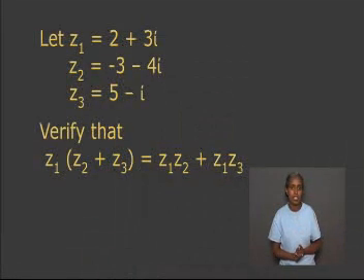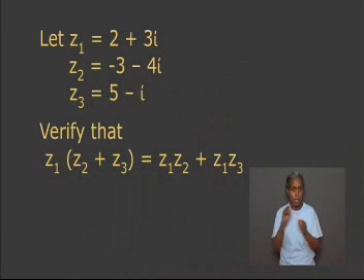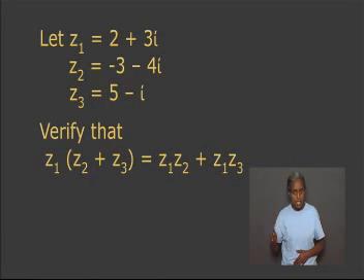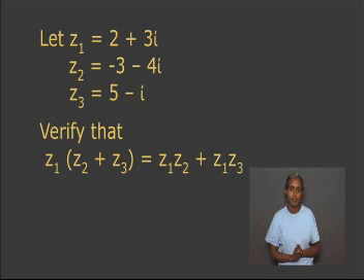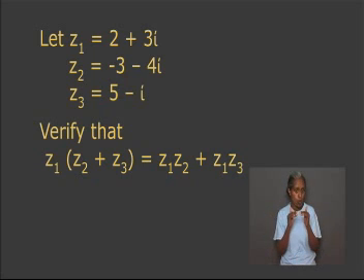Let Z1 equal 2 plus 3 iota. Let Z2 equal negative 3 minus 4 iota. Let Z3 equal 5 minus iota.